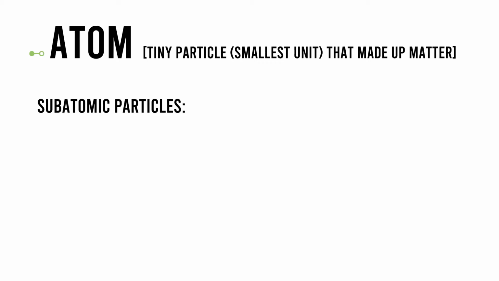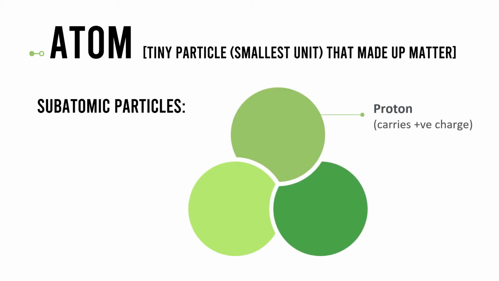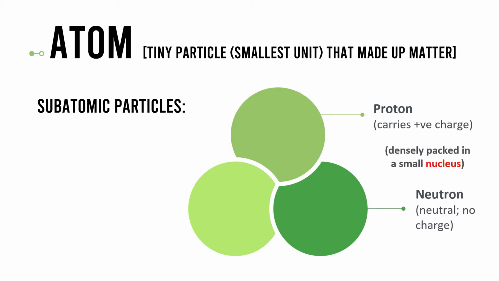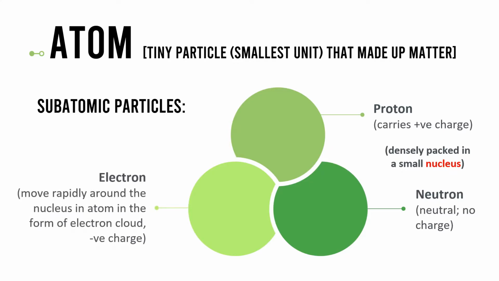So what are the subatomic particles? We have three subatomic particles. They are proton that carries positive charge, neutron that carries no charge or is neutral, and the other one is electron. Both proton and neutron are located in the nucleus.